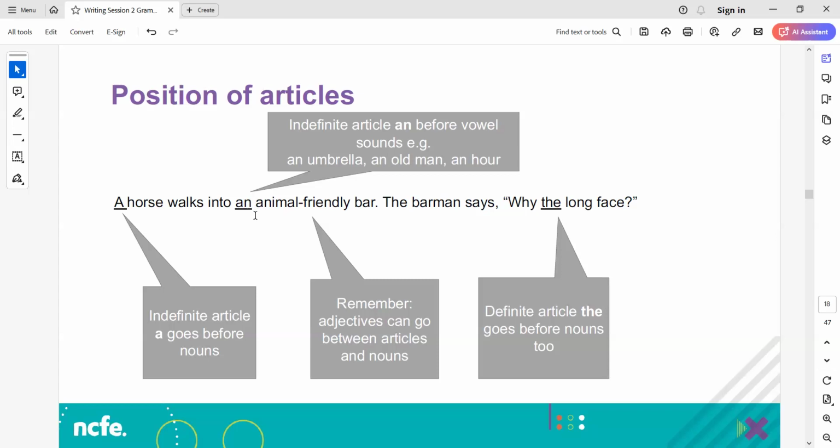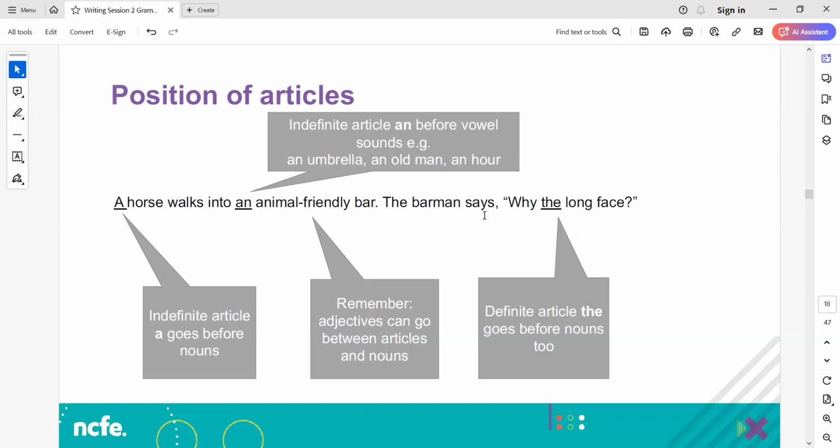But it's the same function, it's just before those letters. We would use an instead of a. Okay. And remember the adjectives. So here the adjective is animal friendly. They can go between articles and nouns. So we've got the article an, we've got the noun bar, but we've got some added description. It's animal friendly.